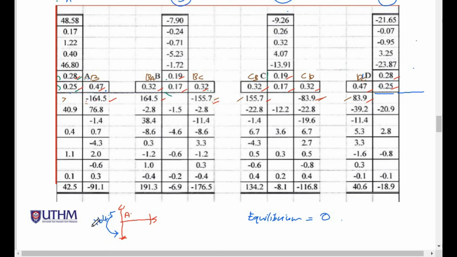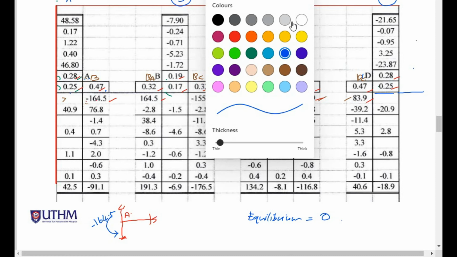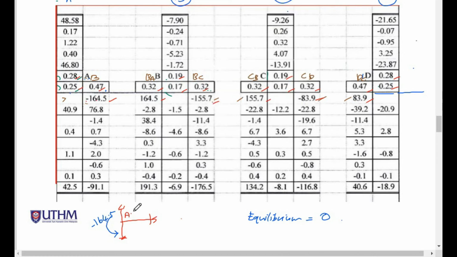Listen, this is negative, I put negative 164.5. To make sure that this joint is in equilibrium condition, we need another 164.5 in positive. Negative plus positive, same value, is equal to 0.